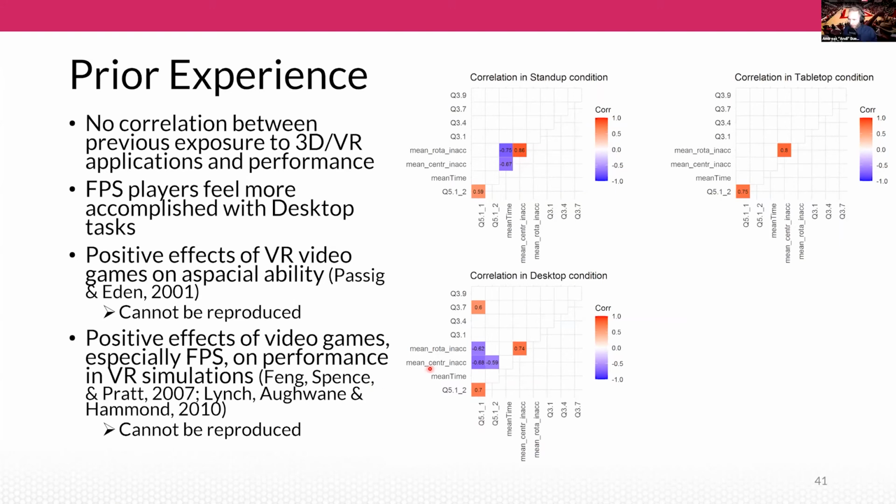Speaking on that, I'm bringing up a slide that we decided to talk about if needed. So one interesting thing that we see here in the desktop condition, we have a negative correlation.